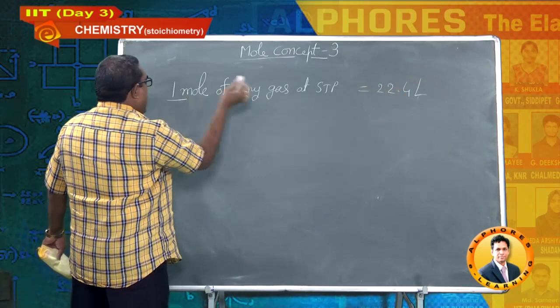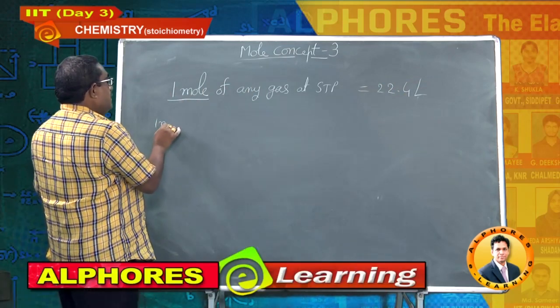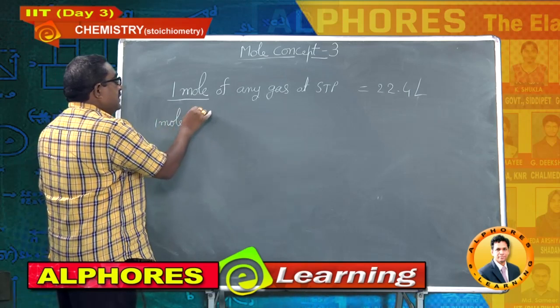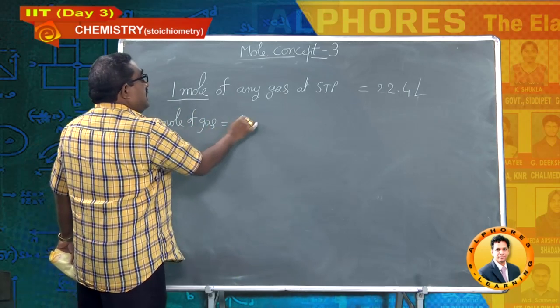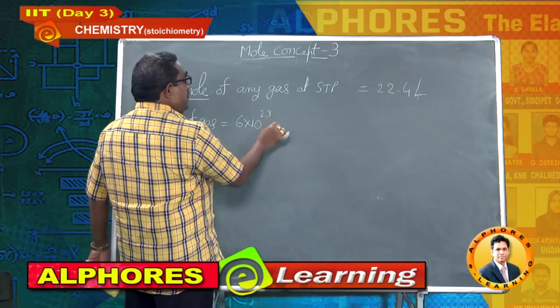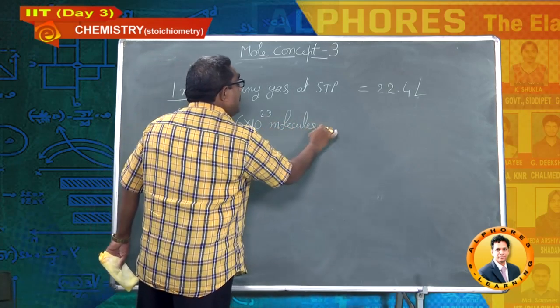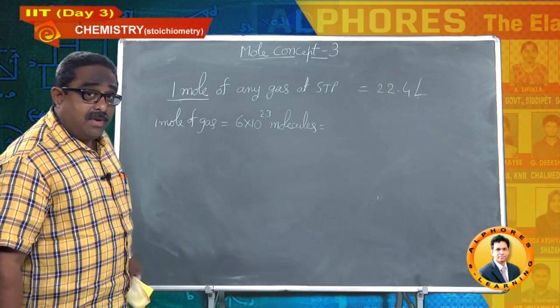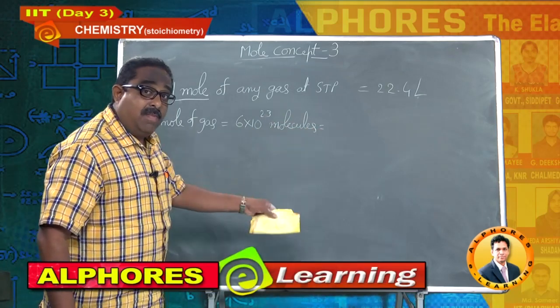1 mole of any gas means, instead of 1 mole, you can write this. I am writing here. Observe it carefully. Very important approach. Nothing but, according to the mole concept, 6 into 10 power 23 molecules of that gas. How will you get 6 into 10 power 23 molecules? If that is present as gram molecular weight.